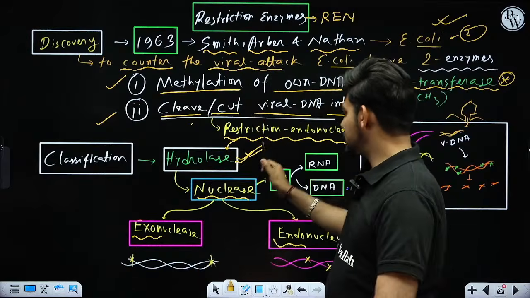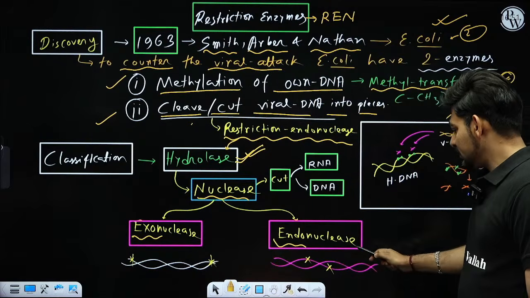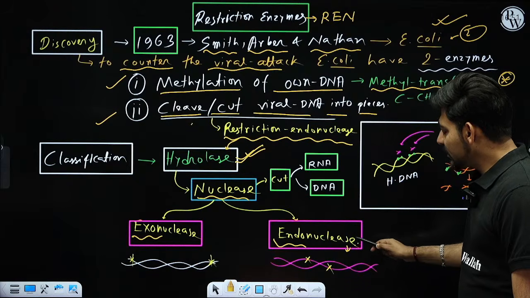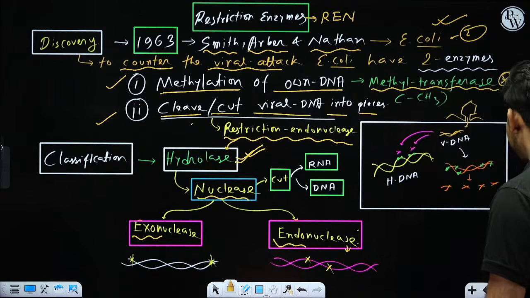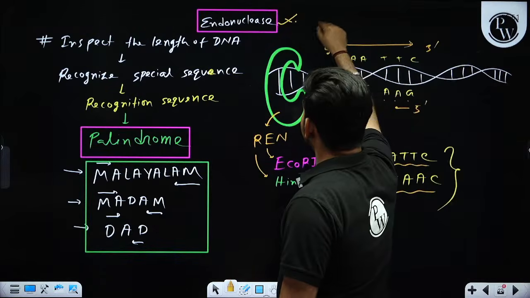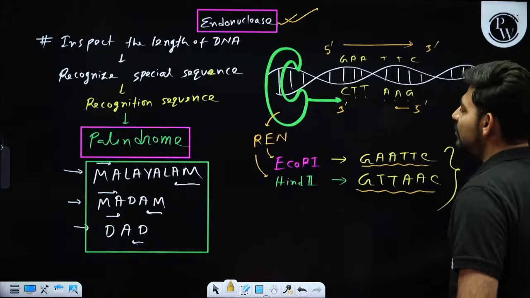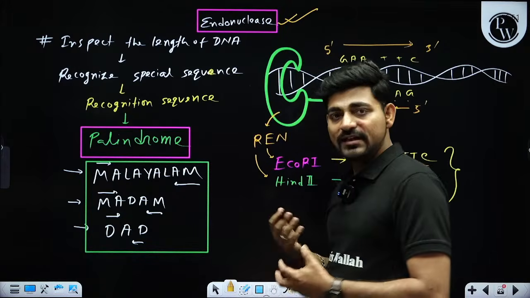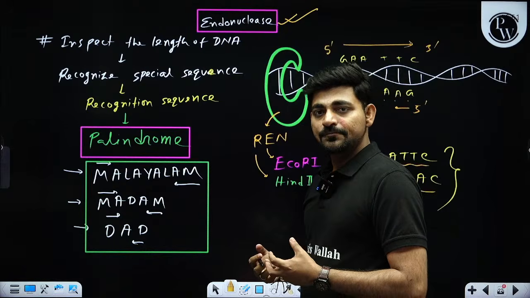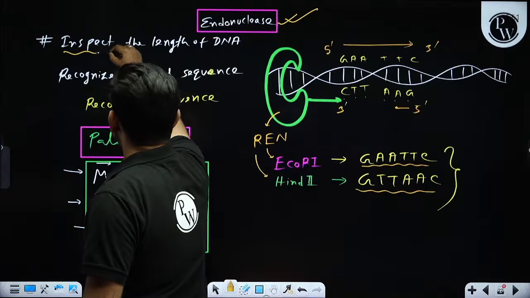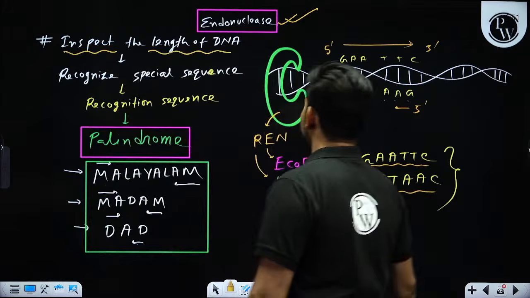And this restriction endonuclease comes under this endonuclease kind of enzyme, right? Now we will be detailing this endonuclease enzyme. How will the endonuclease enzyme be cutting the piece of DNA? They will first inspect throughout the length of DNA.